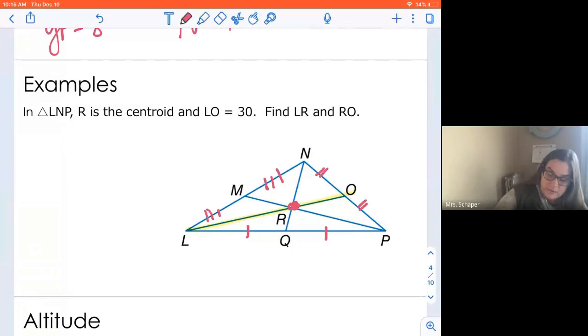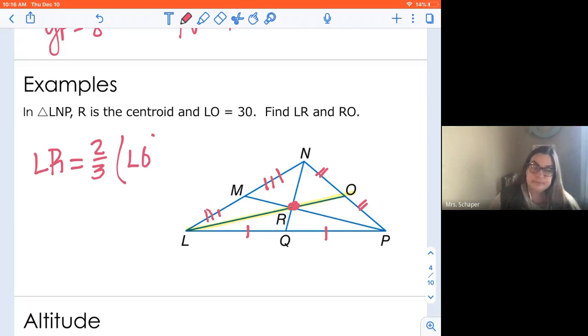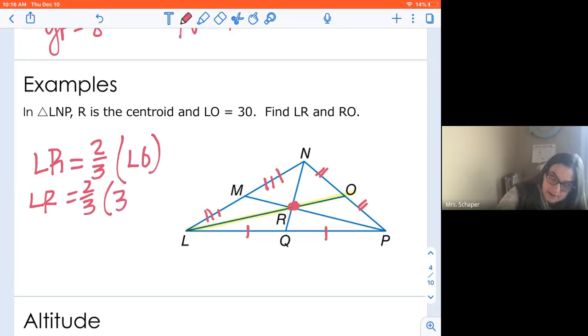We know that from the vertex to the point of concurrency, the centroid, is 2/3 the distance of the entire median. So LR is equal to 2/3 of LO. We know that LR is 2/3 of 30 because LO is 30 units.